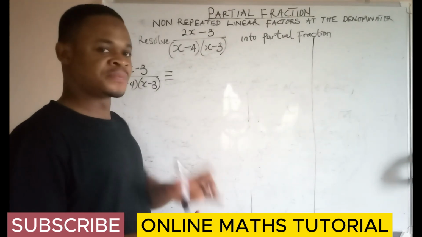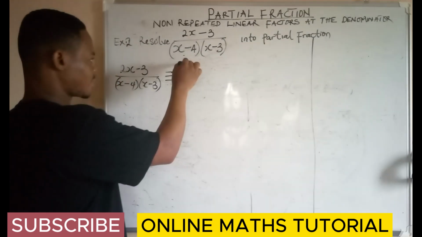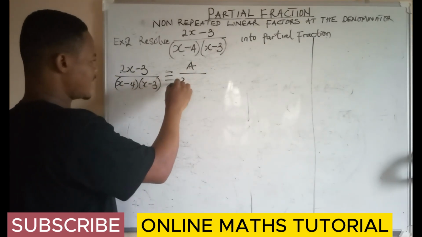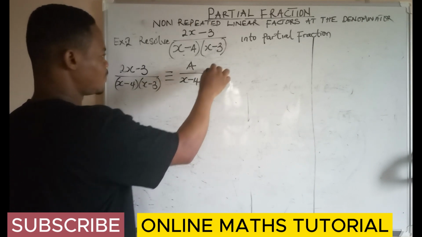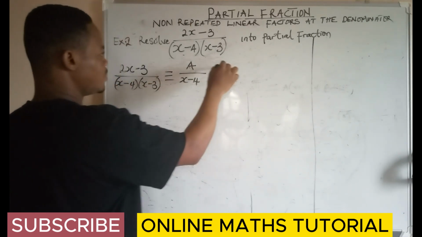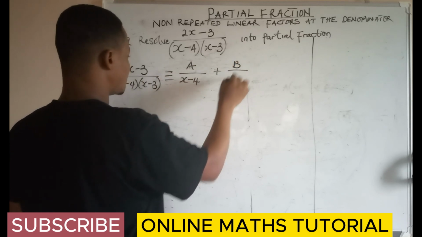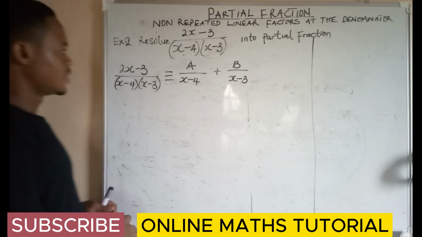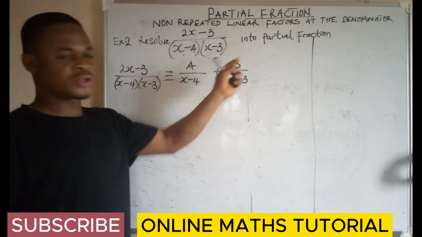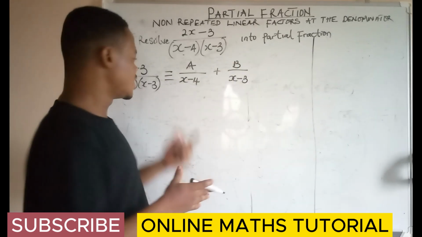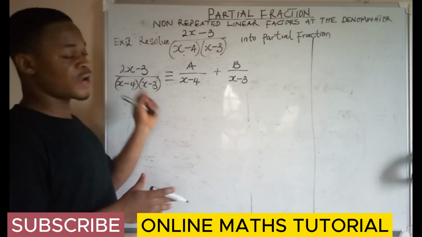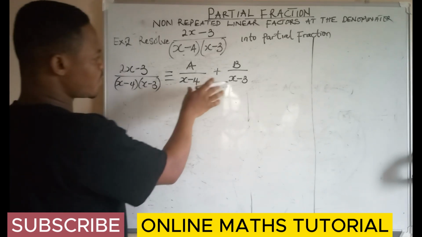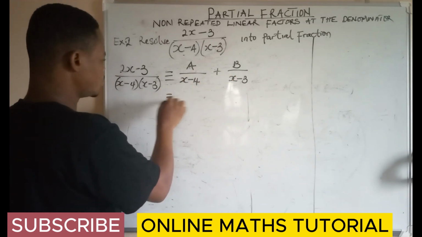So we will assume that the parts are A over (x minus 4) plus B over (x minus 3). So let's assume that these are the numerators of the parts which this fraction is going to form.